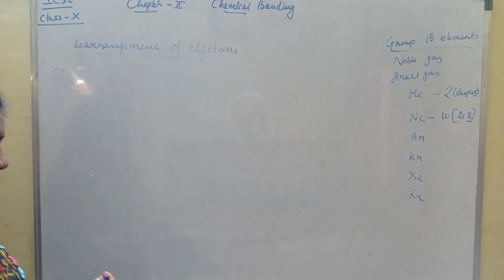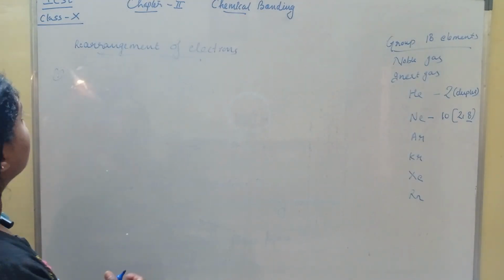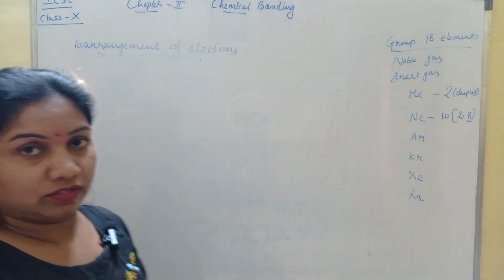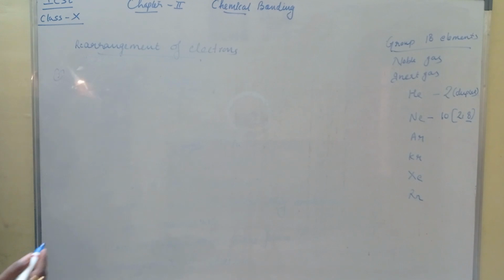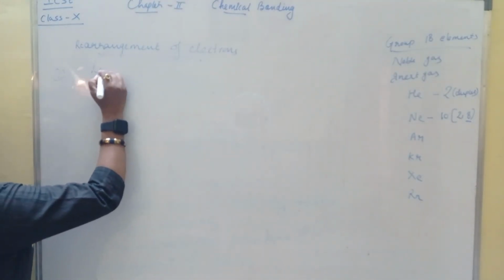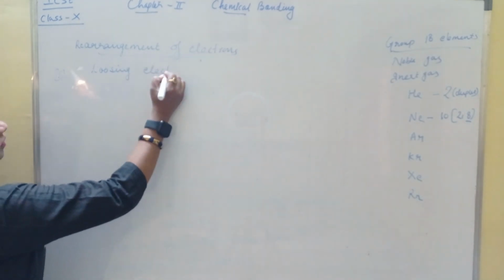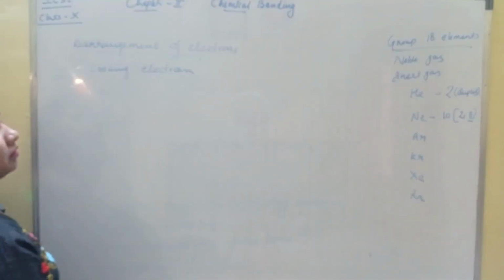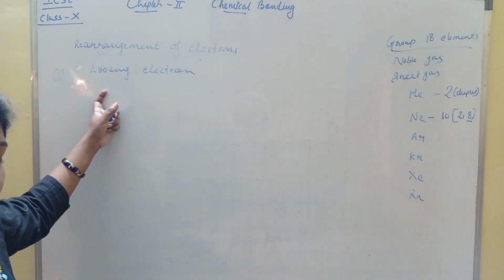So the next topic is rearrangement of electrons. The first method by which rearrangement takes place is by losing electron. Generally, metals used to lose electron.